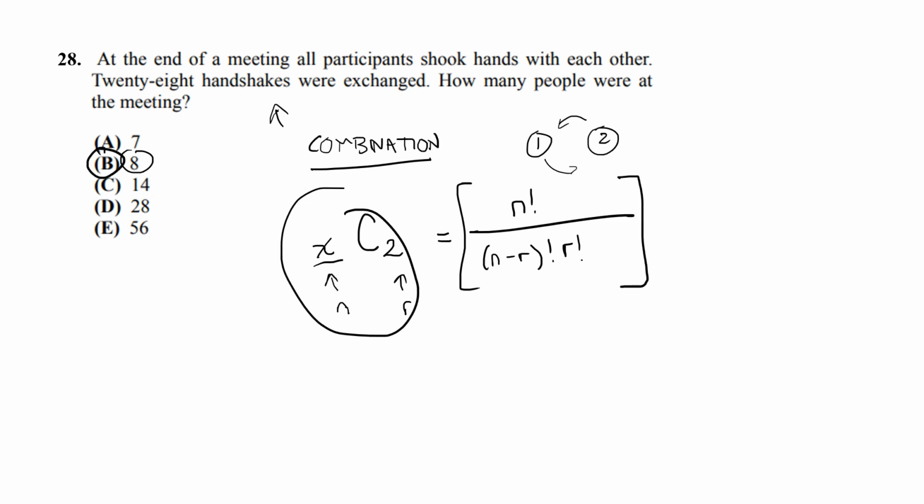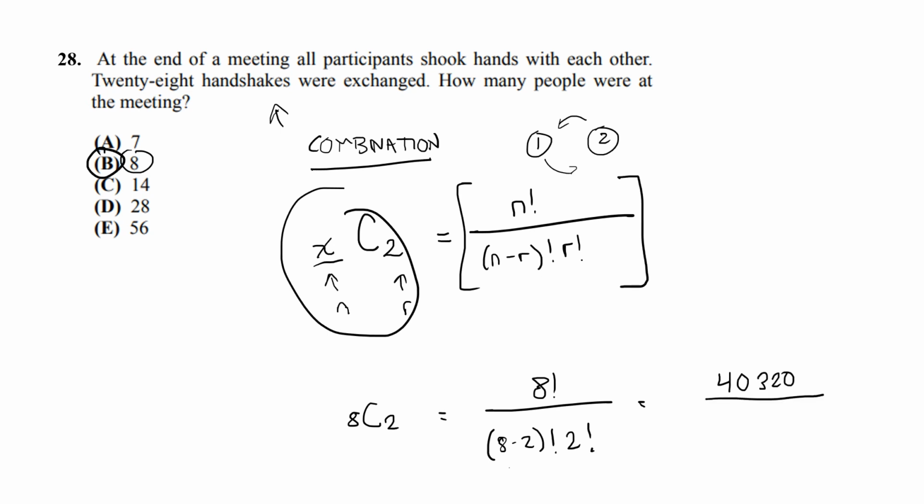And we can quickly just work on that. So that's 8C2. We find here that 8 factorial over 8 minus 2 factorial times 2 factorial. If we work this out, okay, we have 8 factorial, which is 40,320, right?